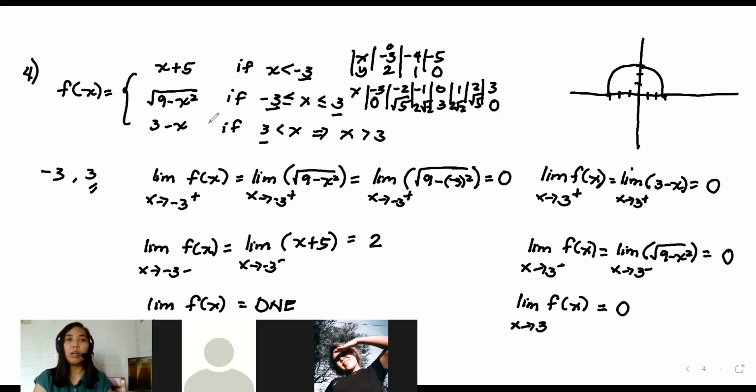Okay? The next one, the first one is a line. The slope is 1 and the y-intercept is 5. So we'll have negative 3, 2. It's open. Negative 3, 2.